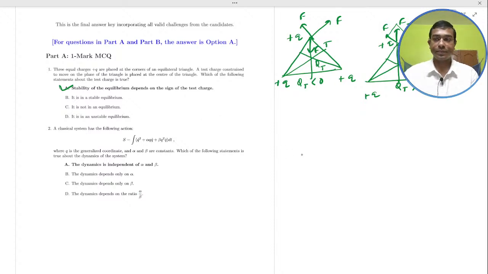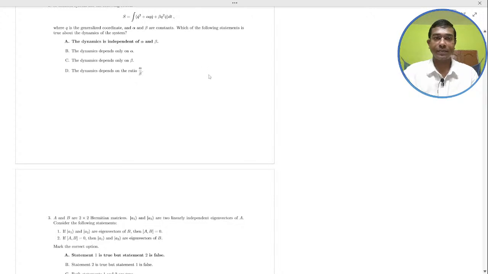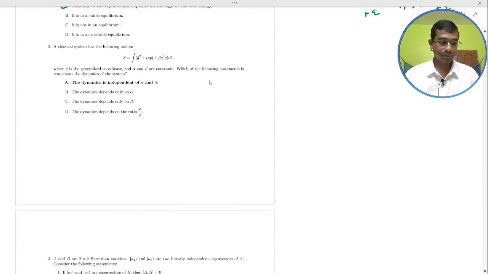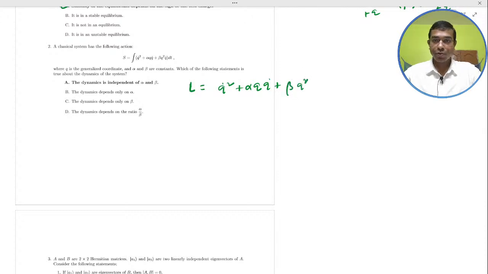Here the Lagrangian is given as L equal to q dot square plus alpha q dot plus beta q square q dot.